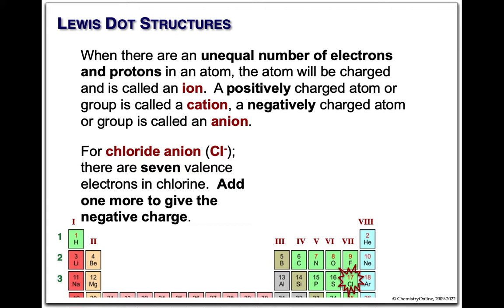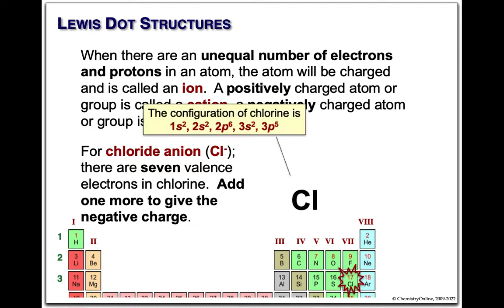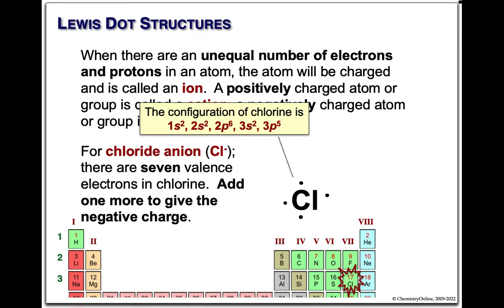If it was positive, we would do a superscript plus. So we'll start off with chlorine. Once again, we're in group 7, so we have 7 valence electrons. We will place them around our chlorine, one at a time, then we pair them up.